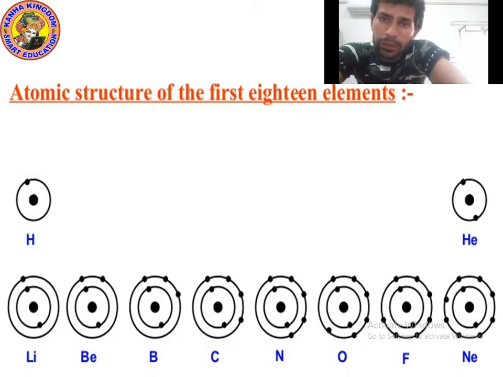So 1 electron of lithium is remaining because the first circle is completely filled. We cannot fill more than 2 in the first circle, but in the remaining circles we can fill a maximum of 8. So the remaining 1 electron we will fill in the next circle, drawing 1 black dot there.